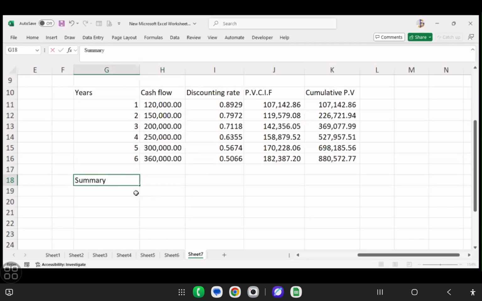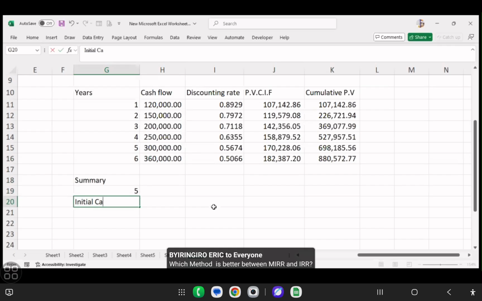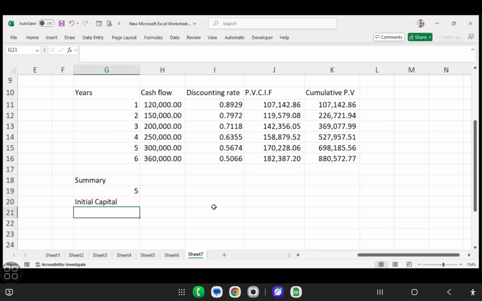Summary. Where are we recovering the 720? It is between year 5 and year 6. Here we have initial capital, and here I have year 6.